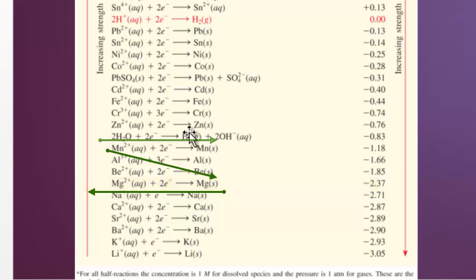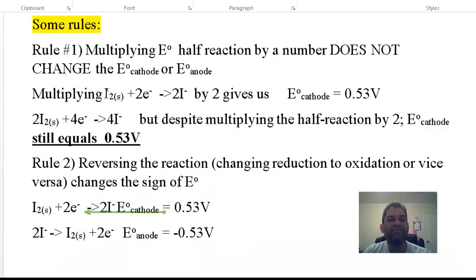Positive voltages. First of all, taking a half reaction and multiplying it by 2 will not change the voltage. Okay, so this is a super important point. It's not 0.53 volts times 2, it's still 0.53 volts. If you multiply this reaction by 4, if you multiply it by 3, whatever it is, it will still be 0.53 volts.